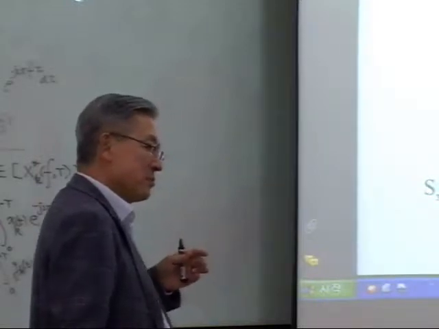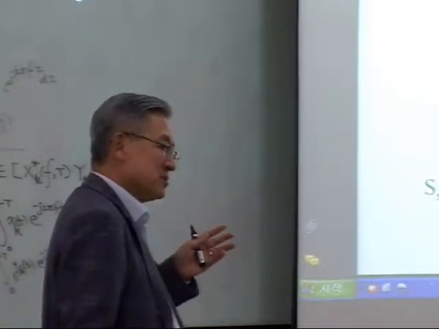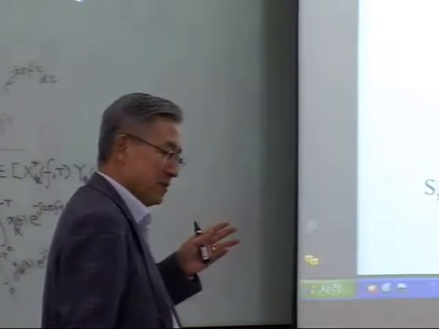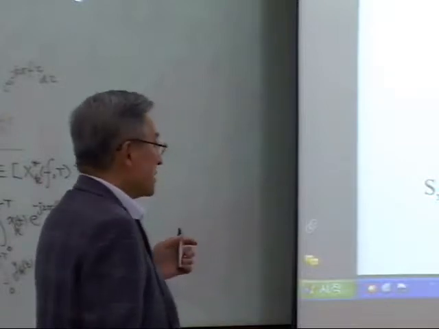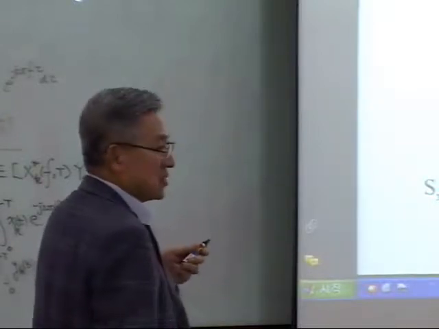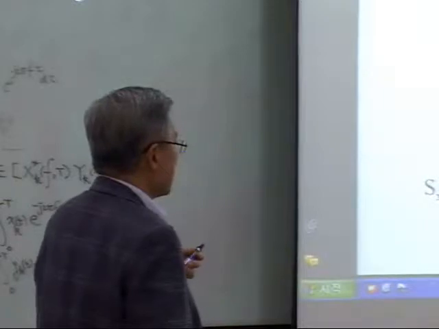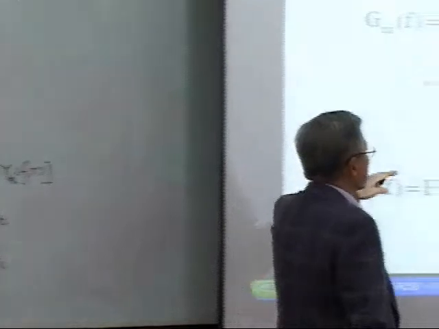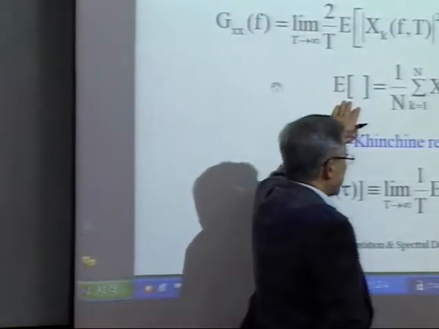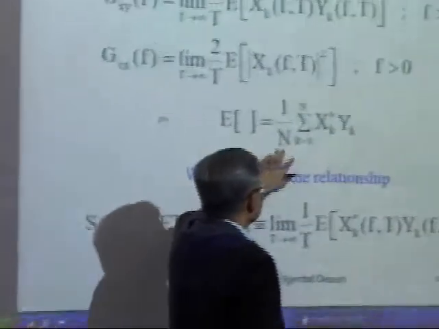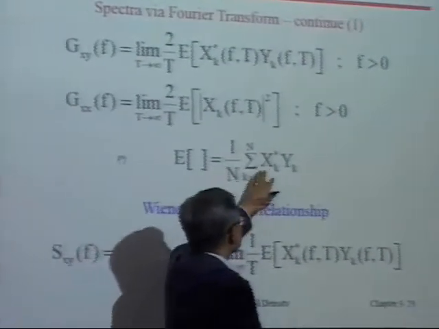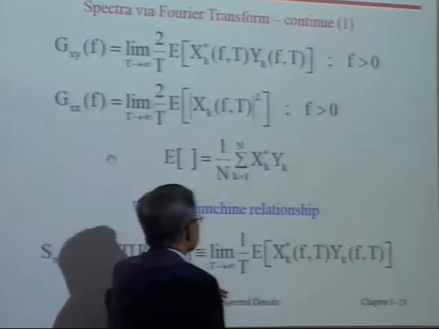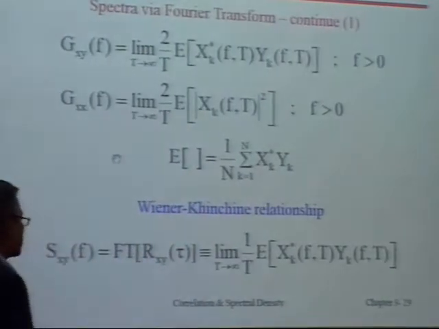Sometimes when you read a paper, people sometimes called the G as experimental spectra, which is one-sided spectra. So which means F is larger than 0. I put the same thing over here. This is expected value of a bracket, the definition. I should have put this guy into here too, okay? But so that's what that is.